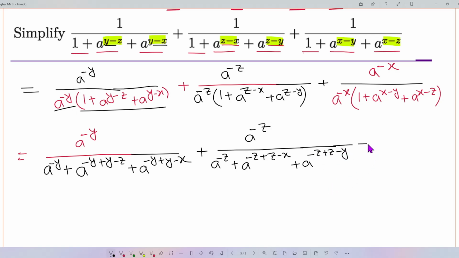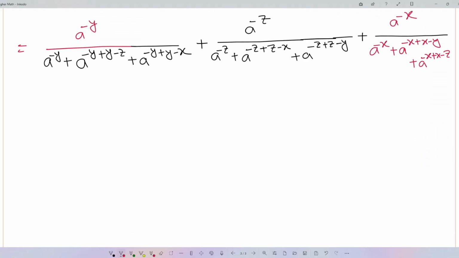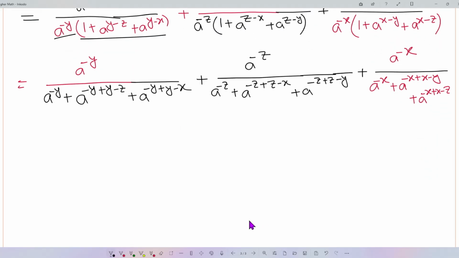Then plus this one a to the power minus x. So here is a to the power minus x plus a to the power minus x plus x minus y plus a to the power minus x plus x minus z. Okay, now look, it's a simple thing.